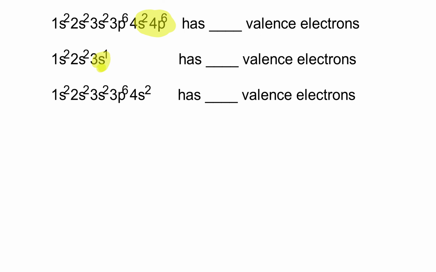This one has 1. This one has 2. I know what you're thinking, Mr. Furlow, there's a 3p6, but that's not the outermost. The 4s2 is the outermost. So the answers would be 8, 1, and 2.